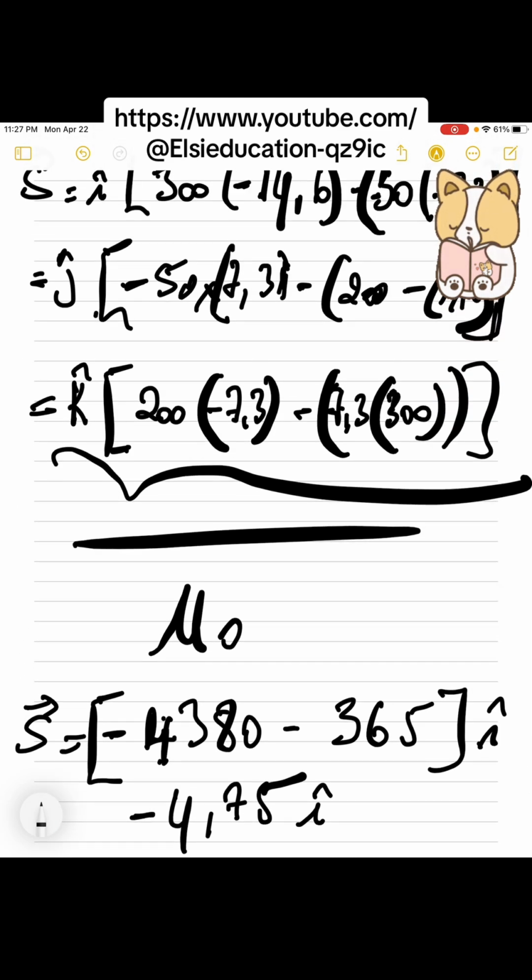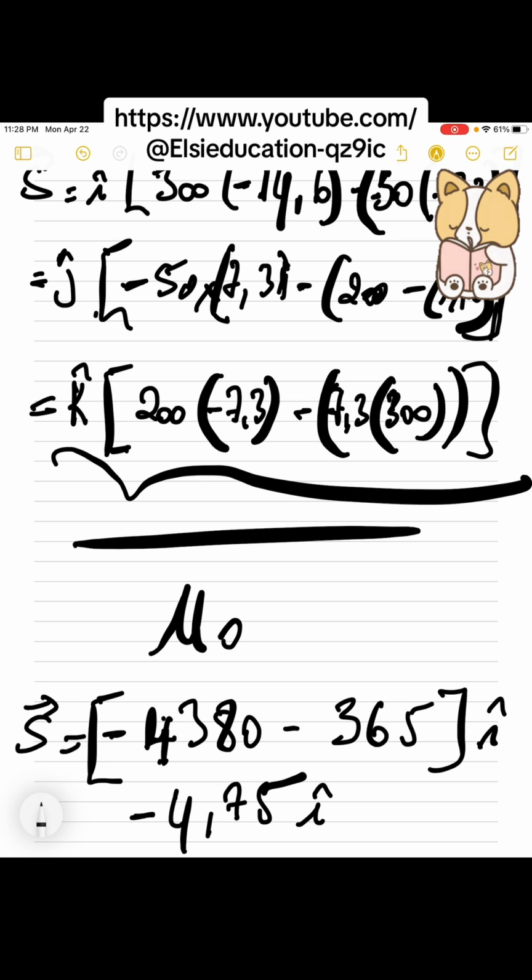Let me see if we have in this one here. So 200 multiplied by 7.3. Okay, and 7.3 multiplied by 300. So minus 4.